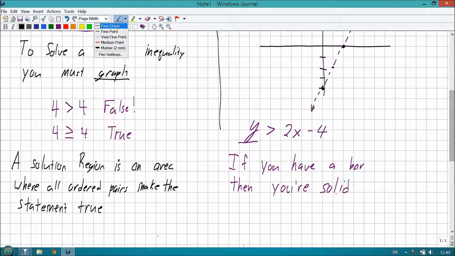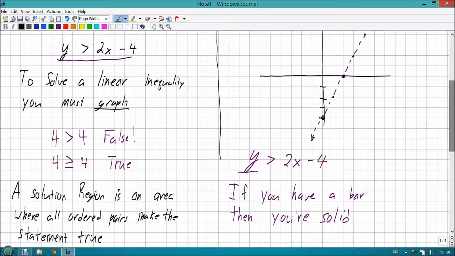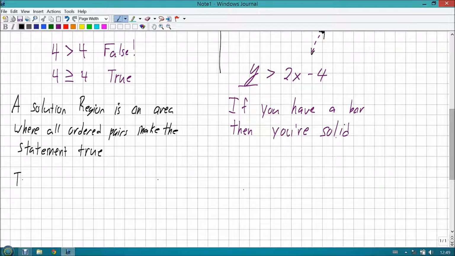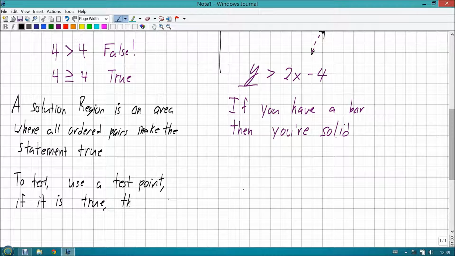So looking at this one, okay, that's fine, Chisholm. I need to find out the area or the region where all of my ordered pairs are true. So to test this, I need a test point. So to test, use a test point. If it is true, then go through.